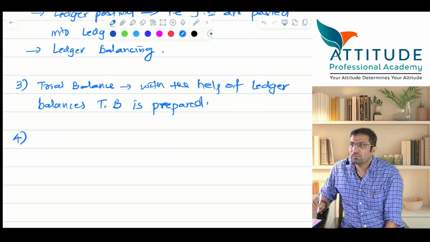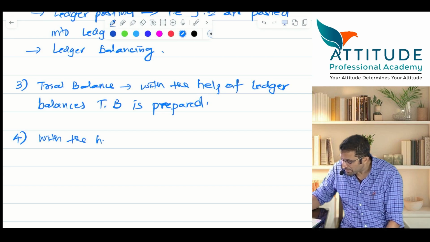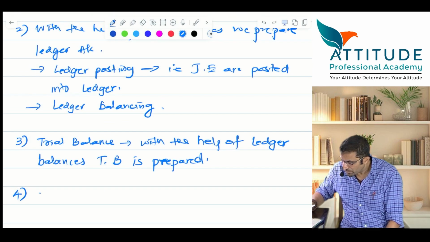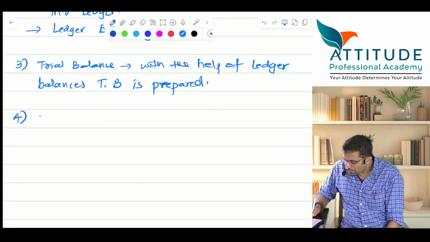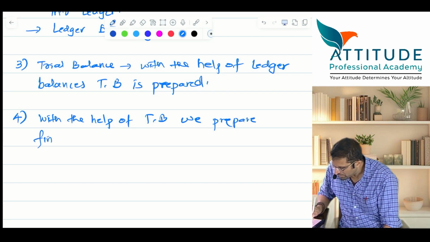Step number 4. With the help of the trial balance, we prepare final accounts.